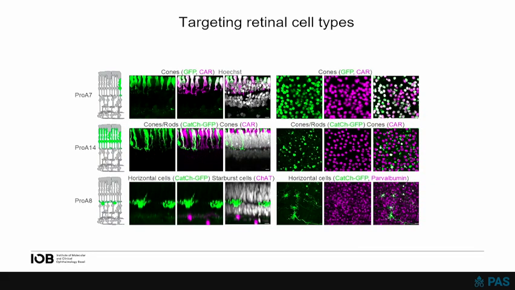We have now tested around 1,000 different vectors with different promoters, and they can very cleanly target, for example, you see 3 examples of cell types: rods, cones, and horizontal cells. But by now we can target many different cell types.